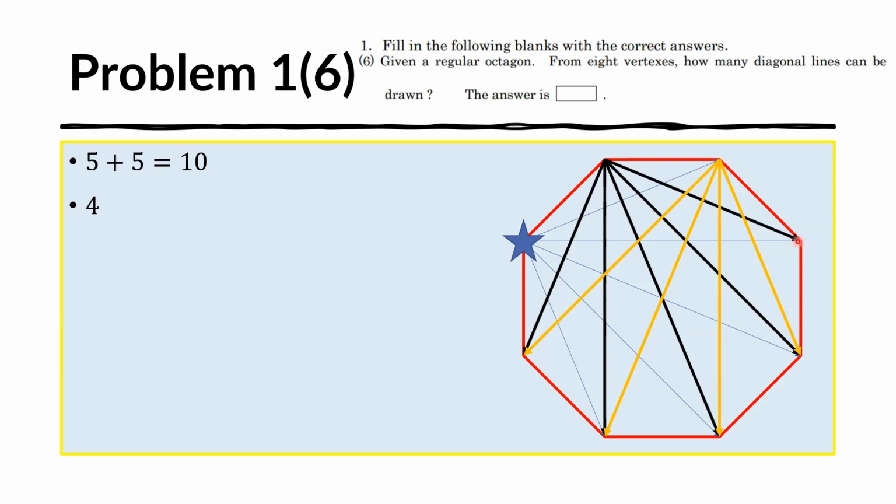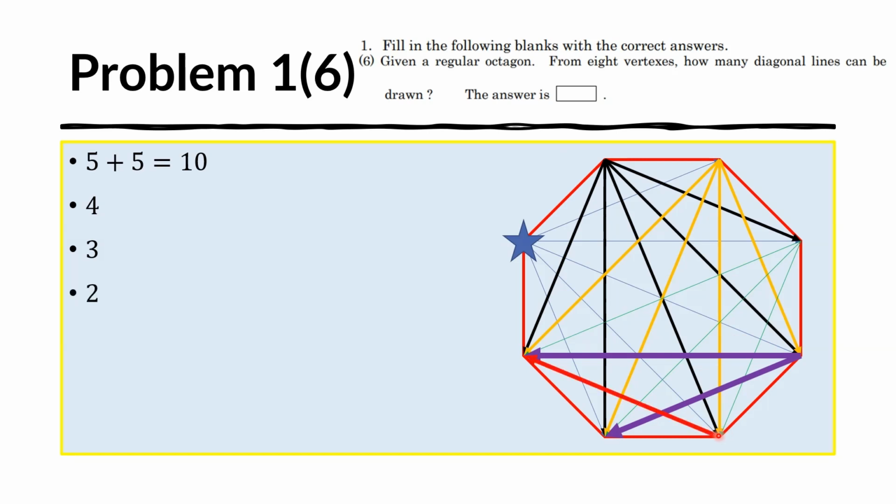For example, if we start here, we get these 3 green diagonals. Again, we end here because we've already considered this, this, and this, so we don't have to draw this to here again. So we have 3 there. We can guess that from here, there will only be 2, from here to here, and the last one from here would be just 1.